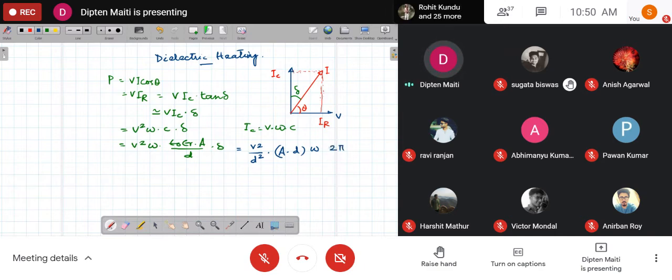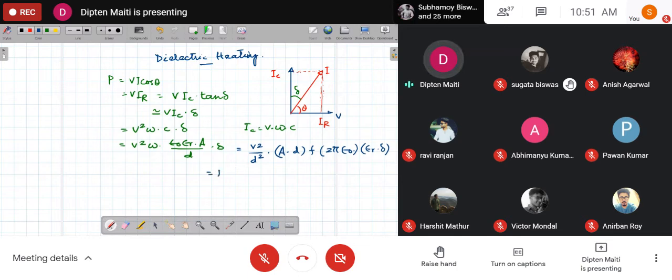Let's write omega, because omega is equals to twice pi f. So frequency is a variable, and we have the constant in terms of twice pi epsilon naught epsilon, and this is a constant. And we have another part which is also a constant. However, that is the property of the material. So sometimes that is called dielectric factor, epsilon naught epsilon r into delta.